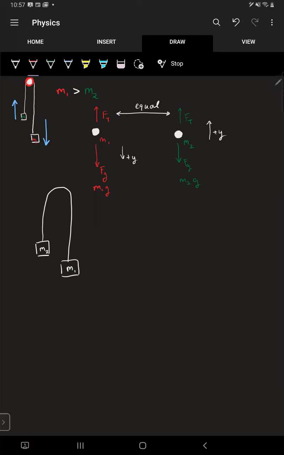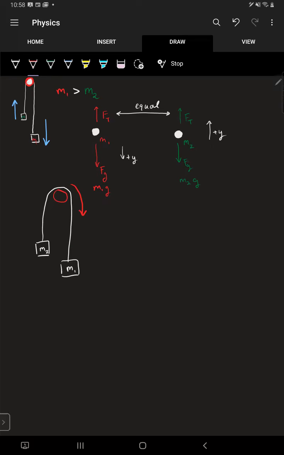All right, I just redrew it without the colors this time because let's say this is all in a system. Instead of thinking of it as one block here and another block here, the entire thing is the system. And then you let go of the pulley and it's going down that way, right?